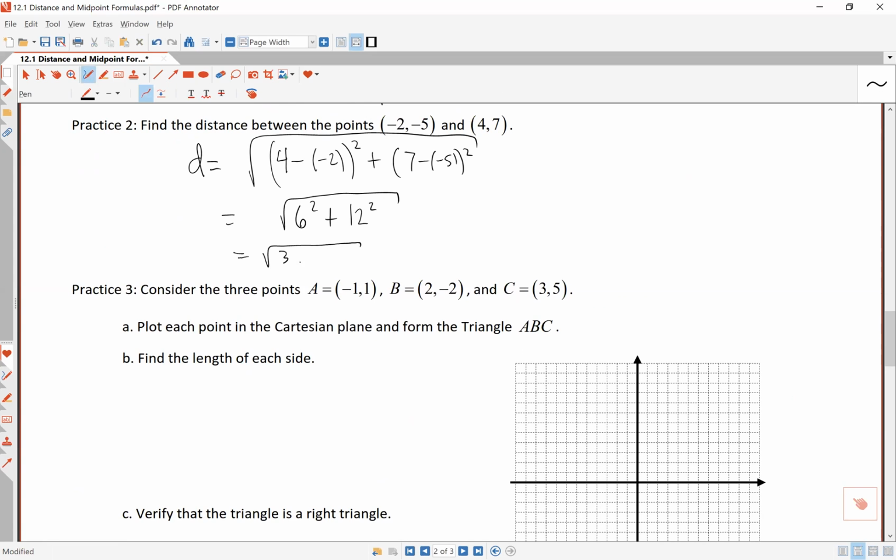And that's 36 plus 144. And so our distance is the square root of 180. 180 is 36 times 5. And so that gives us 6 square root of 5.